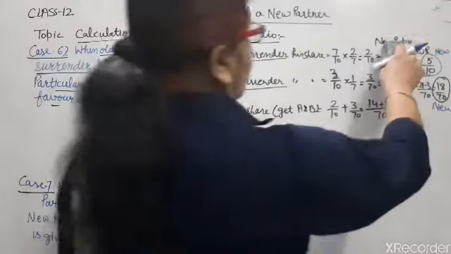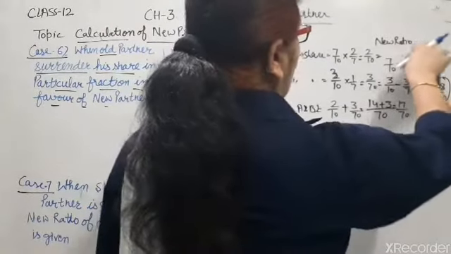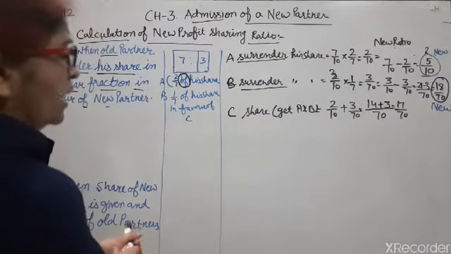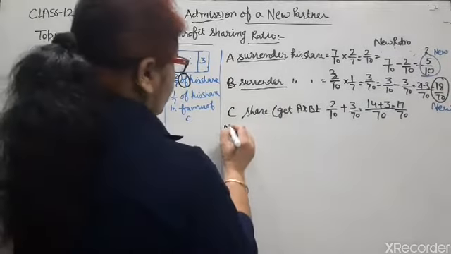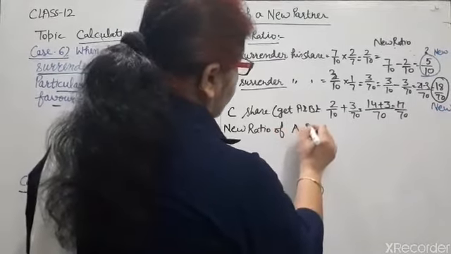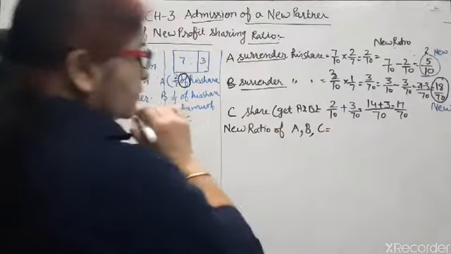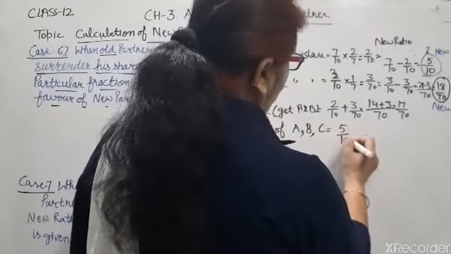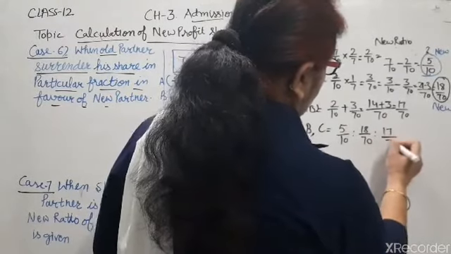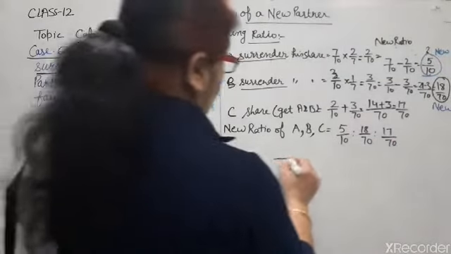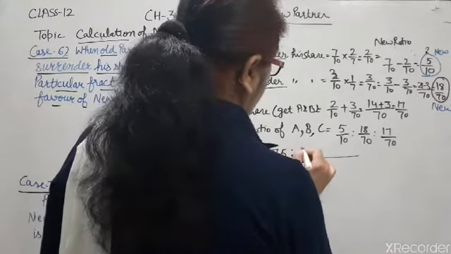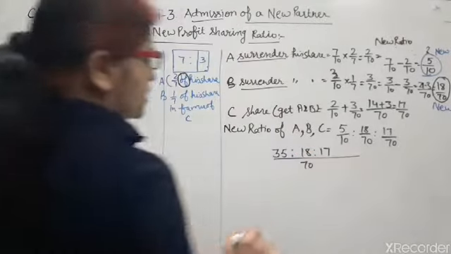So now we calculate the new ratio of the firm. The firm now has 3 partners, A, B, C. The new ratio of A, B and C is equal to A's 5/10, B's 18/70 and C's 17/70. Taking the LCM, 35 ratio, 18/70.